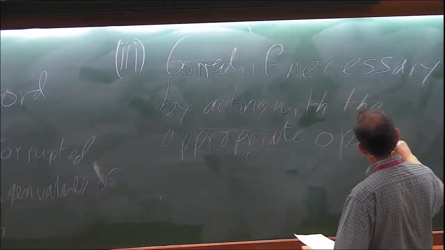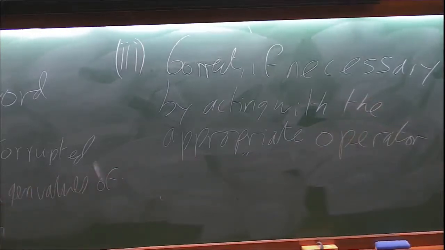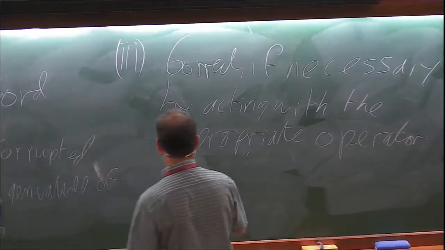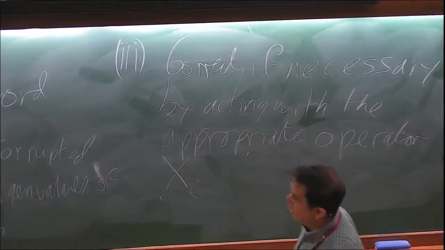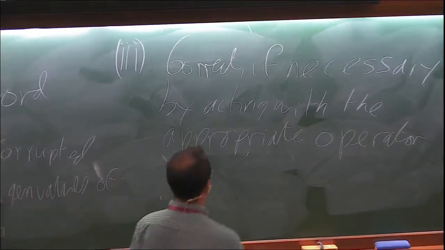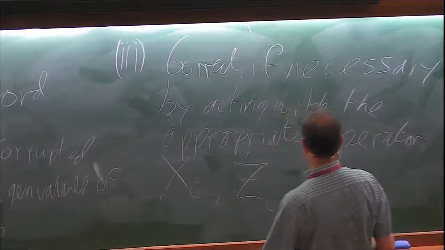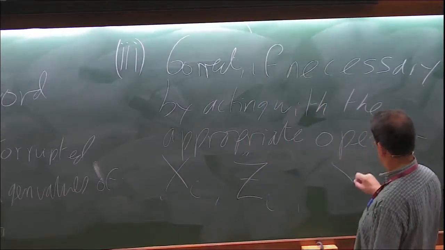So for example, if the eigenvalues of your stabilizers tell you that you project onto the state where the ith bit had flipped, you act on it with Xi. Or if you find that there was a phase flip on the ith qubit, that's one of these, you project onto one of these, then you would act on it with Zi. Or if it's both phase and bit flip, Yi.